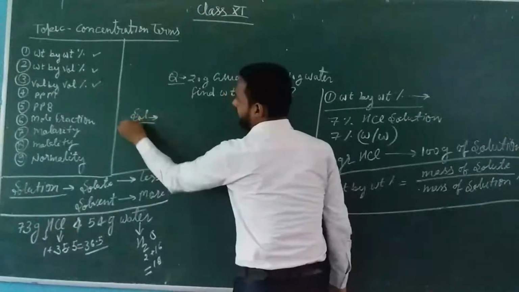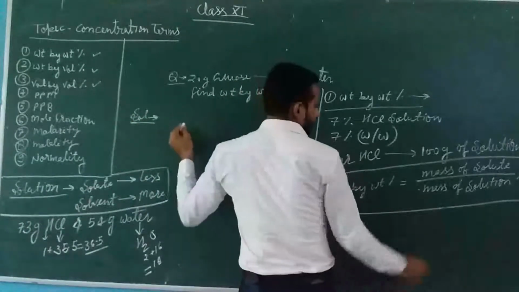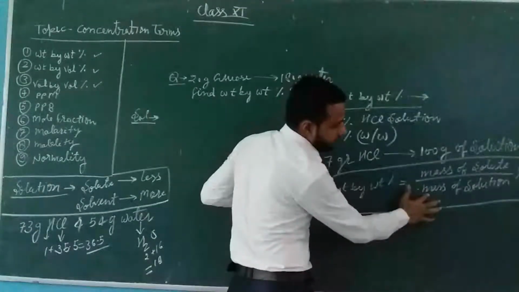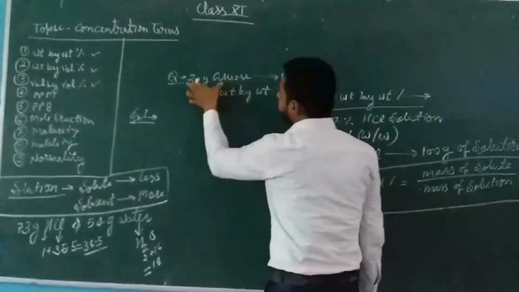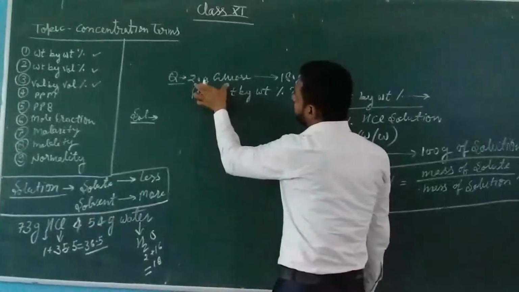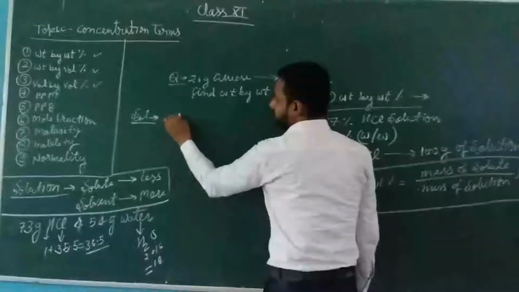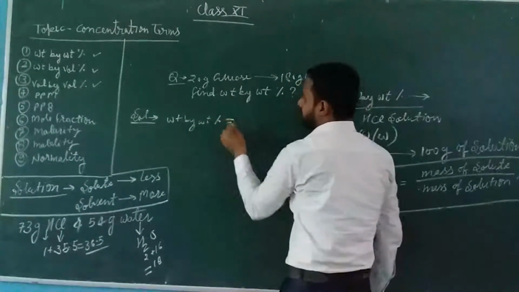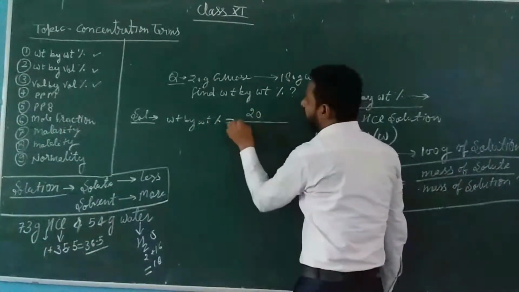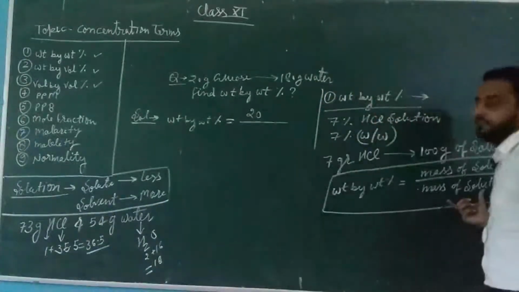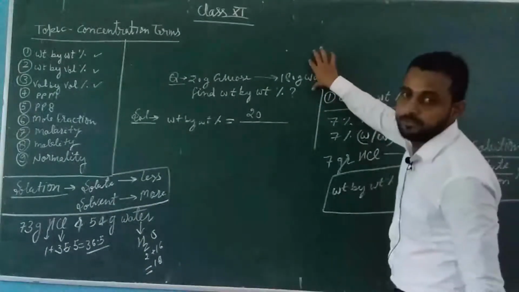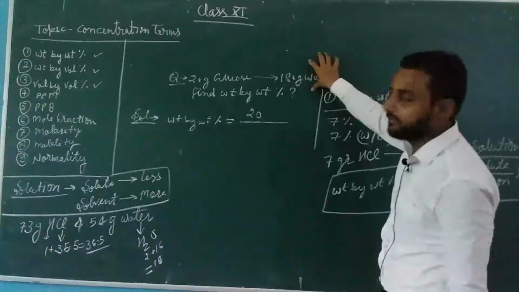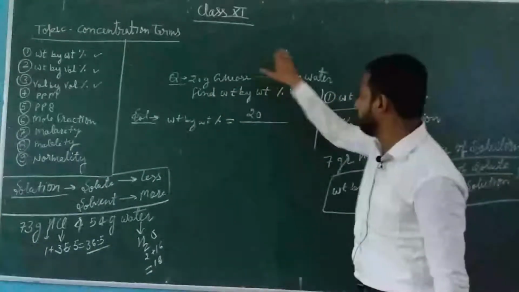The solution: weight by weight percent means mass of solute upon mass of solution. So mass of solute is 20 gram upon mass of solution we have to put, and here only water is given. So the solution is made by dissolving glucose into water.